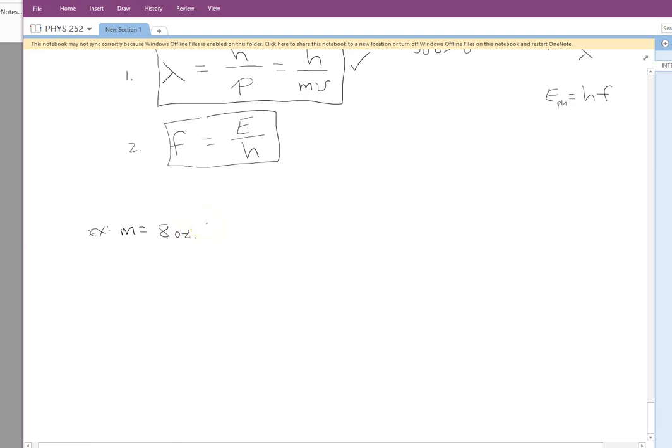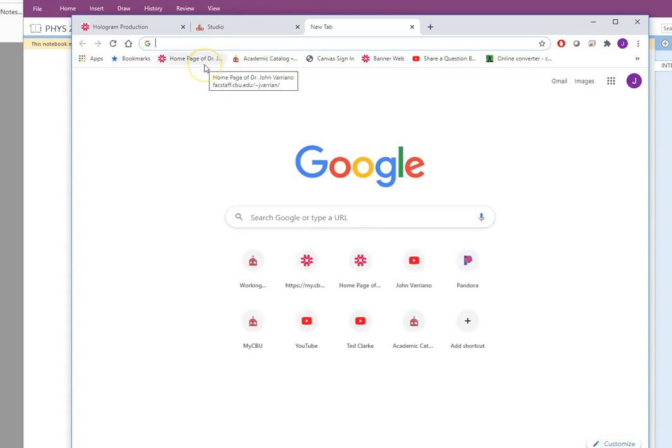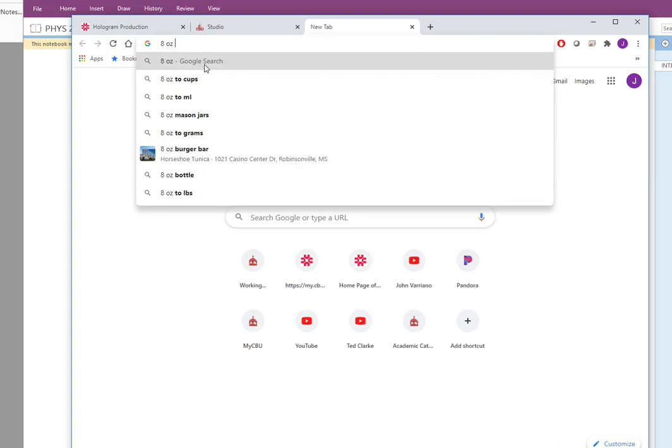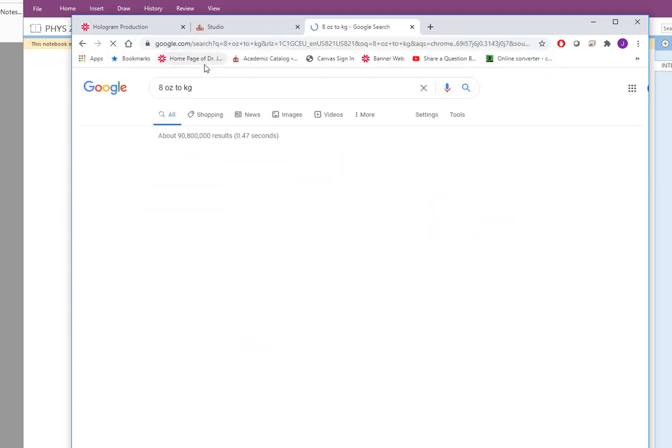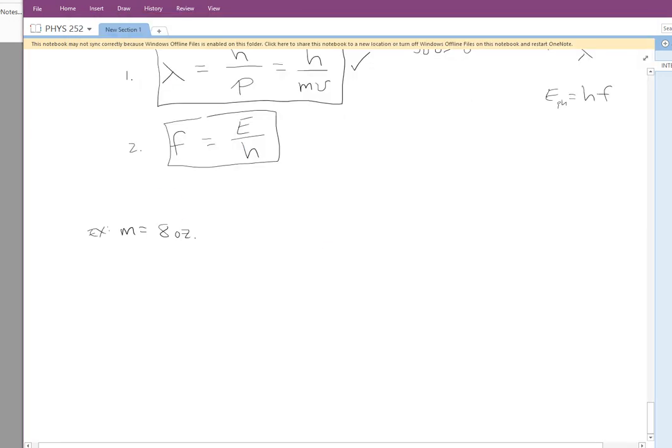I could look this up in my notebook, or we'll use the good old Google. So I want 8 ounces to kilograms. So there we go, 0.227 kilograms. Okay, so that's about 0.227 kilograms.